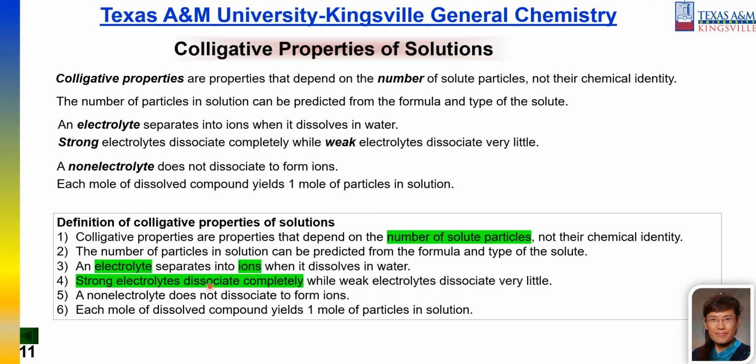A strong electrolyte dissociates completely, while a weak electrolyte breaks down very little. A non-electrolyte does not dissociate, meaning 1 mole of the dissolved compound yields 1 mole of particles in your solution.